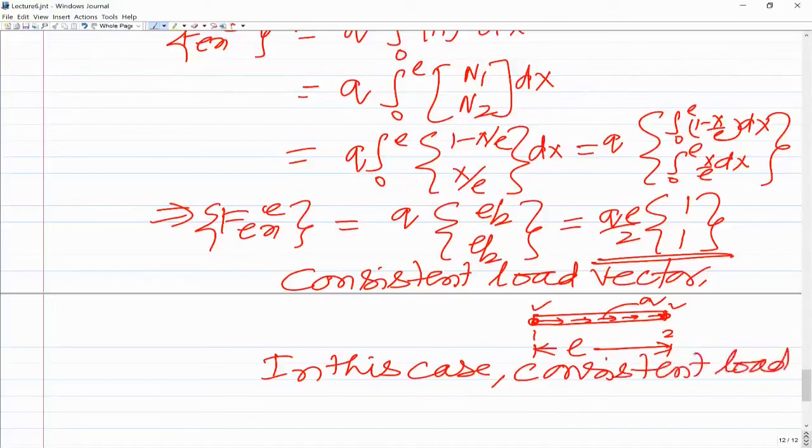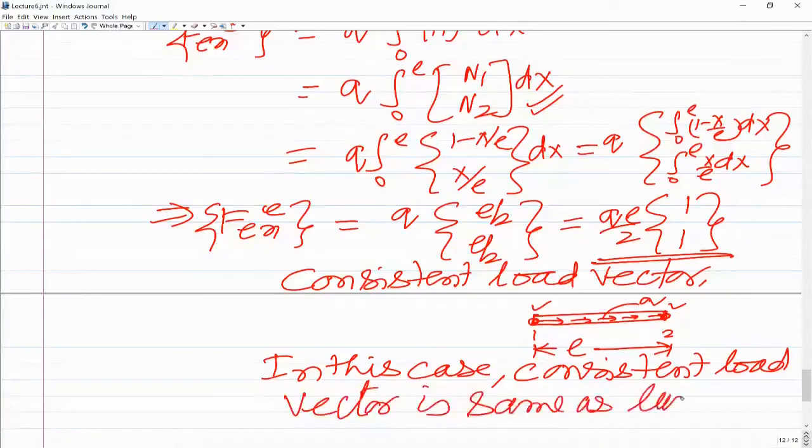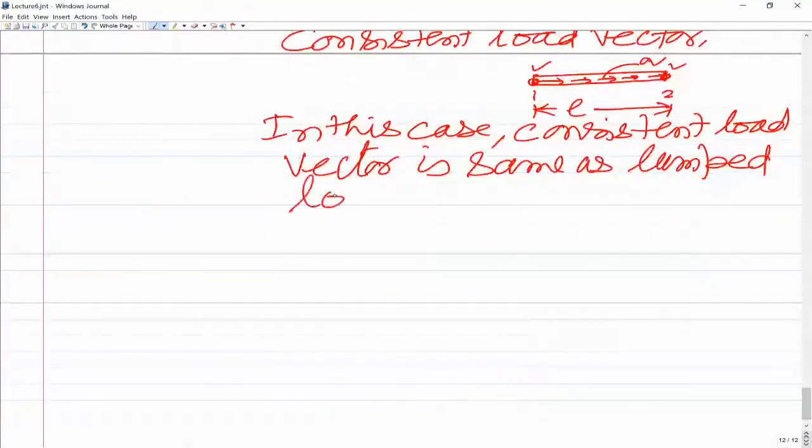Consistent means consistent with the shape function. If you derive the load vector from shape functions, the way we have done here, which came from delta pi equal to 0, that we call a consistent load vector. But in this case, the consistent load vector is the same as the lumped load vector.